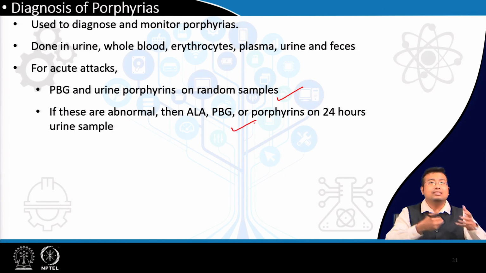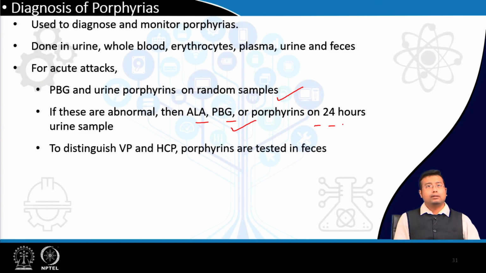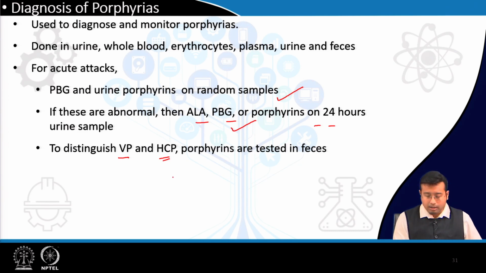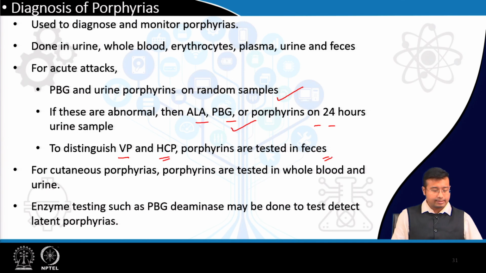Porphyrins, and if these are abnormal, then they are also tested in a 24-hour urine sample. And to distinguish variegate and hereditary coproporphyria, porphyrins are tested in feces also, right. And for cutaneous porphyria, whole blood and urine are tested.